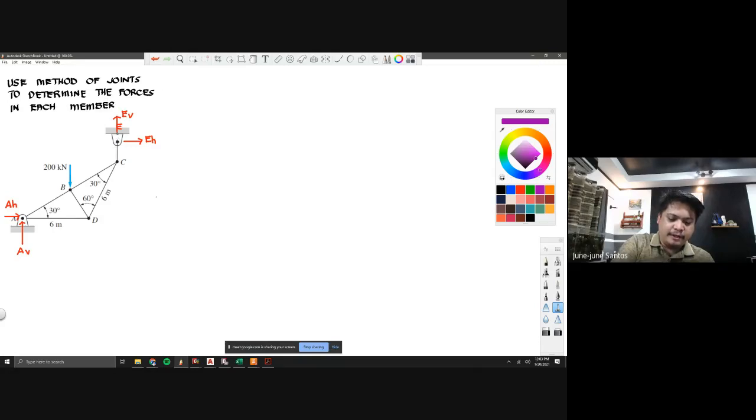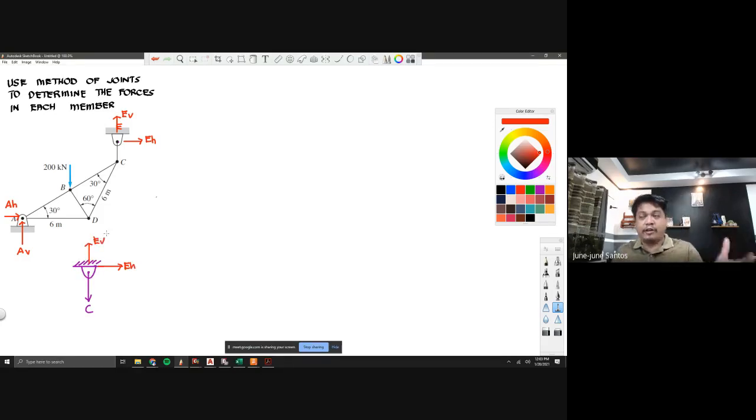Okay? Let's say, i-isolate ko yung support. Okay, I'll try to isolate the support. And then, meron sa kanyang nakakonektang truss. Assuming that this is my truss, I will call it as C. Okay? And then, ang sabi natin, dalawa yung kanyang reaction. So, we will be having here the EH. And then, we have here the EV.